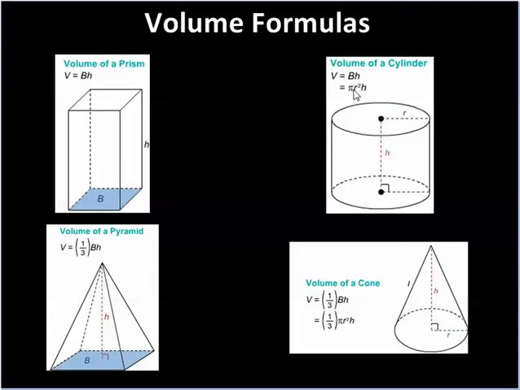Here they plugged in pi r squared, which is the area of a circle, for B, so it'd be easier for you to see what the formula is going to look like. Then for the pyramid, the volume equals 1/3 of the base times height. The volume of a cone is the same way, 1/3 multiplied by the base times the height, and there again the base is a circle, so they plugged in pi r squared.